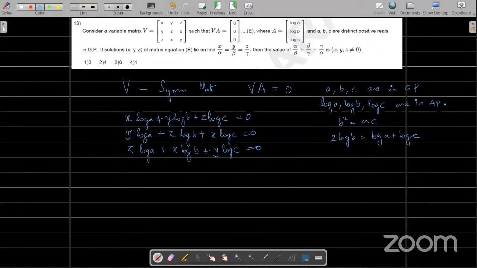So I can replace log a plus log c as 2 log b, or log b in terms of log a and log c. Can we add two equations and get 2 log b? Or let us just substitute for this.